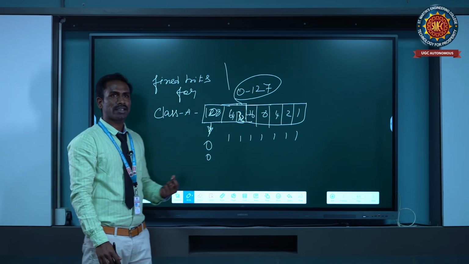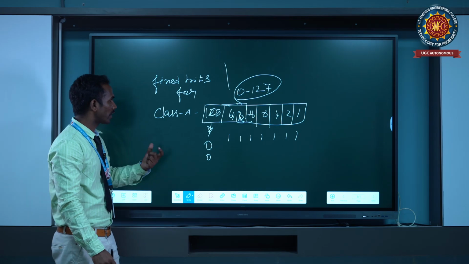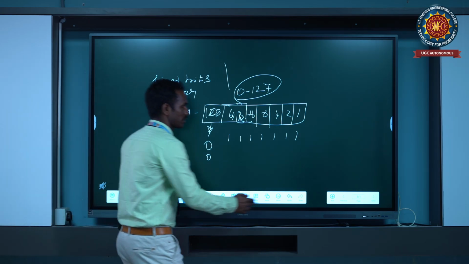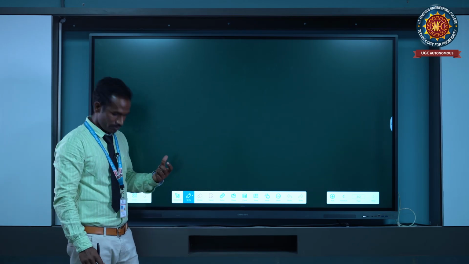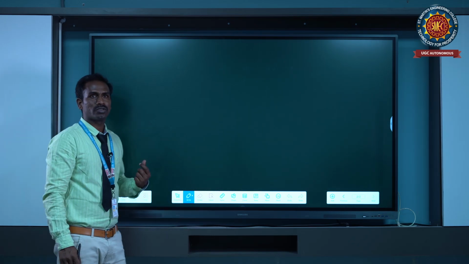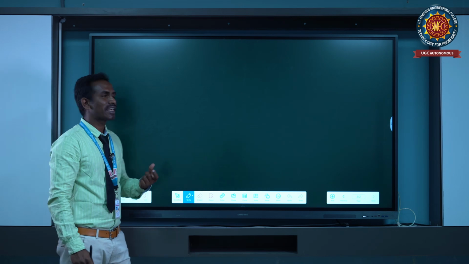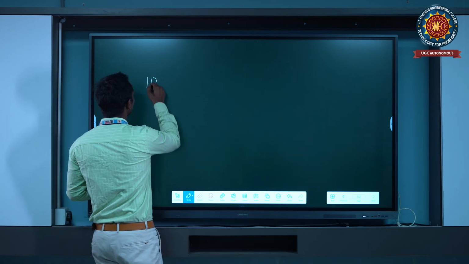And the next is the class B range. How to find the class B range? We use the fixed bits value. What is the fixed bit value for class B? That is 1, 0.